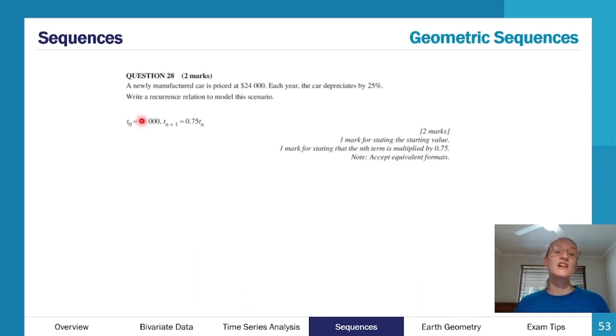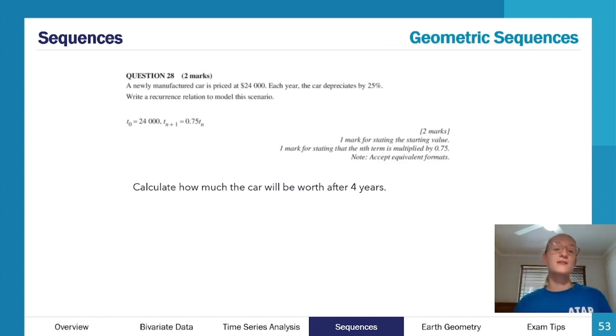So T0, n equals 0: when 0 time has passed, it's worth $24,000. We'd actually have to use our formula to calculate how much it would be worth after 1 year. Our formula is Tn+1 equals r, the common ratio 0.75, multiplied by Tn. And that's the rough mark breakdown for that one.